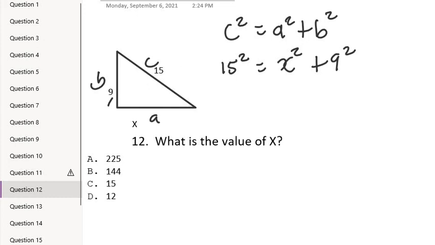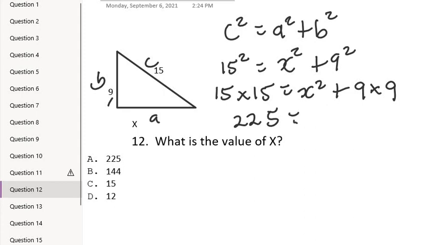15 squared means 15 times 15 equals x squared plus 9 times 9, which is the meaning of 9 squared. 15 times 15 will give me 225 equals x squared plus 81. Collect like terms, move 81 to the left hand side. So we have 225.